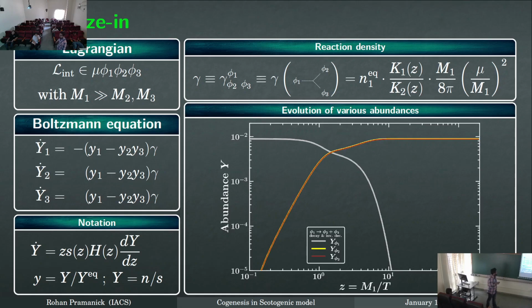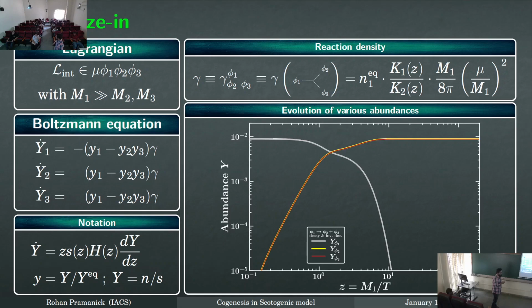This is the Boltzmann equation for y1, y2, and y3, and the only difference between y1 and y2 is that there is a minus sign. This is like the equation you encounter in radioactive decay, where the decay rate is proportional to the substance that you have. So that is the Boltzmann equation for y1.